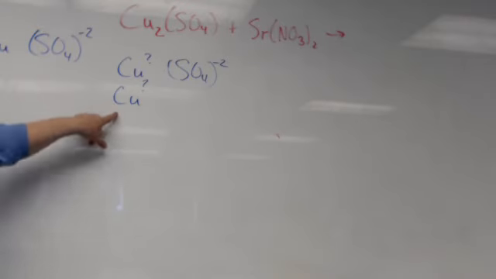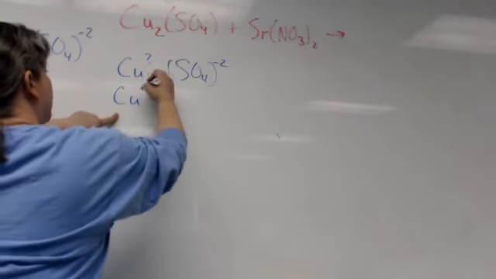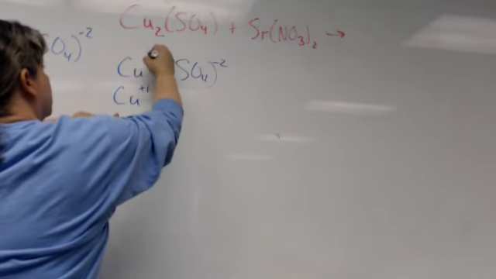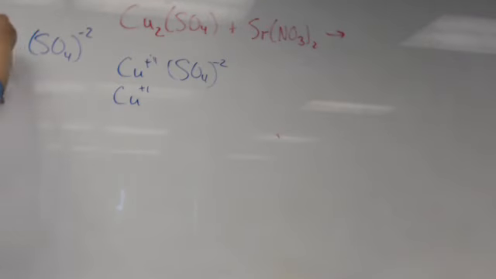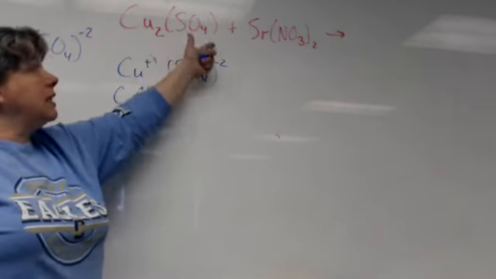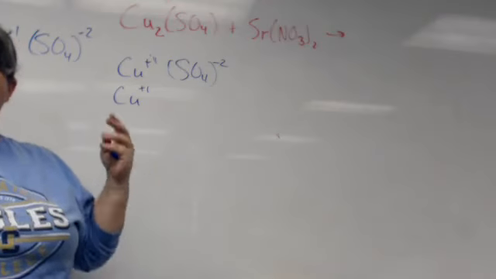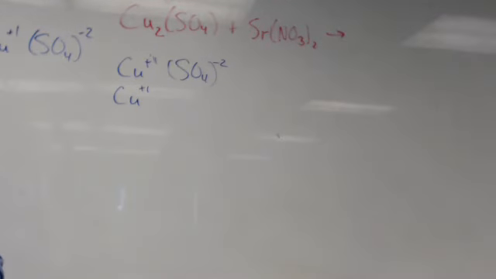Yes. So each of these is +1 to cancel out that -2. So the charge of a single copper ion in this case is +1. When you cannot find the charge on the periodic table, that is the only time you need to think about the subscripts in the problem because they're going to help you find the charge.